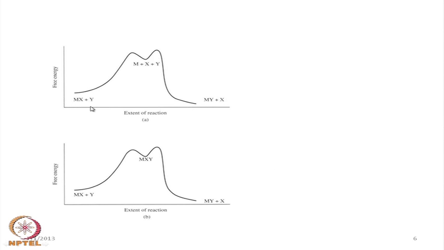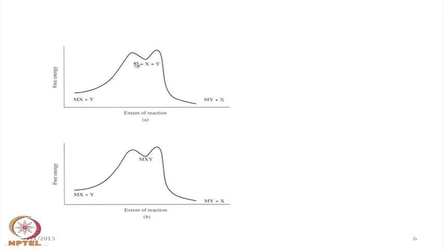So, we see the corresponding energy profile, how we consider the free energy change for these reactions. The free energy change for the reaction, L5 has not been mentioned here, this is ML5X, Y is there, then ML5 plus X plus Y as the intermediate, where it is a dissociative pathway.